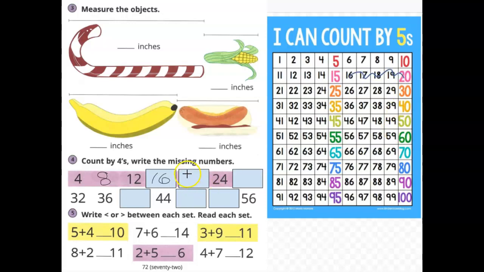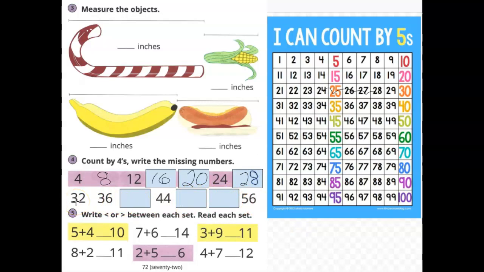And you'd end up at 20, and that would tell you what number to write. Okay? Now don't forget to jump down when you get to 20. Okay? I'm at 20. 1, 2, 3, 4. That's how I got to 24. And then I'm going to add 4 more. 1, 2, 3, 4, and I get to 28.